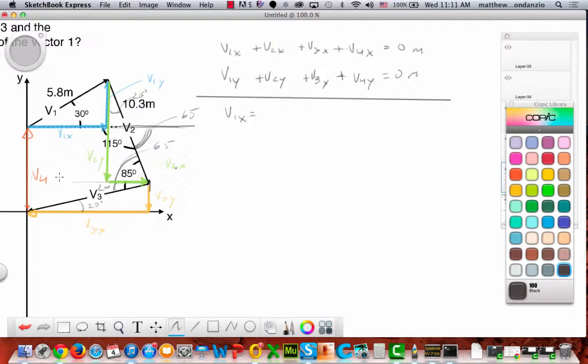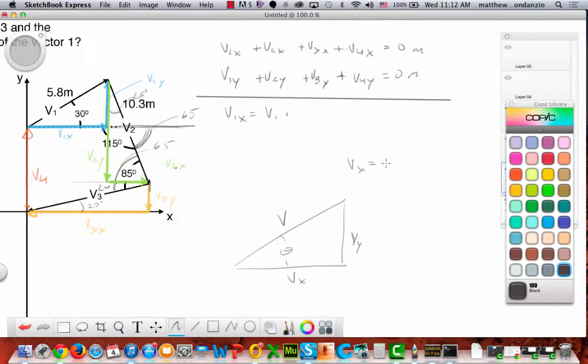What's v1x? It's sine 30 equals adjacent. Wait, remember, here's the thing. If I've got a triangle like this, and a vector with vx and vy, set up in this fashion, guys, here's a shortcut, but you've got to be careful about the setup.